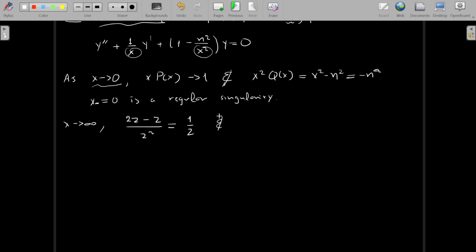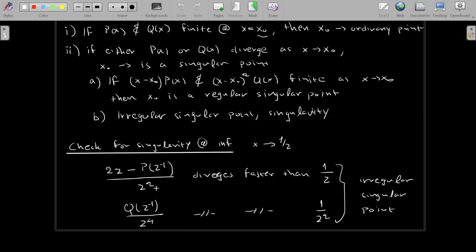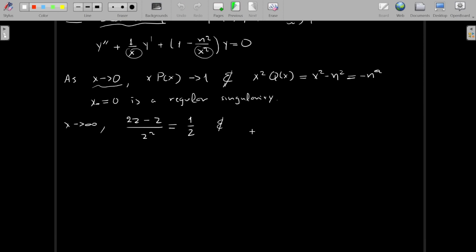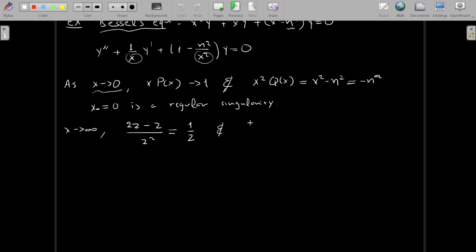And we're going to do the same for this guy here. So q of z of minus 1, which is going to be written as 1 minus n squared z squared over z to the fourth, right? Which is nothing more than 1 over z squared minus n squared over z squared.